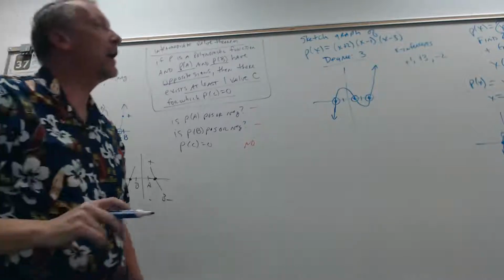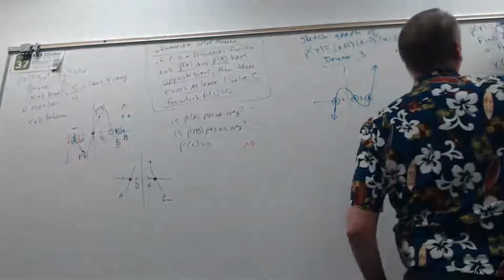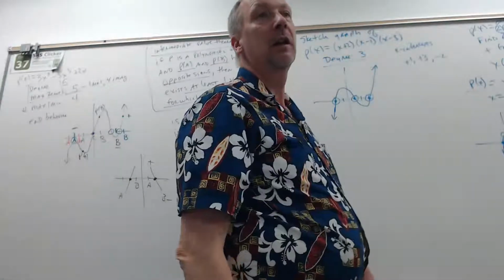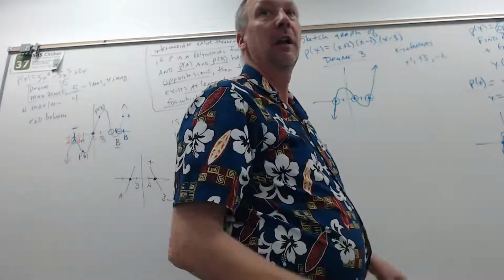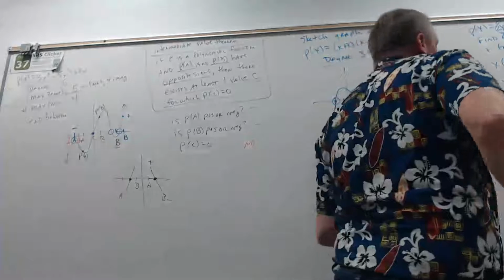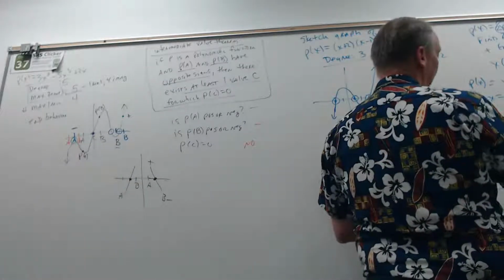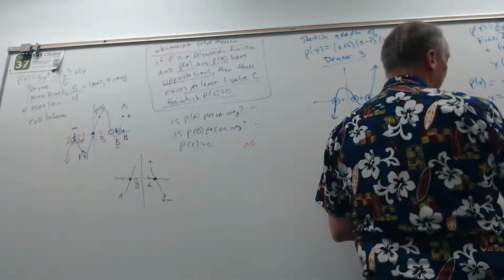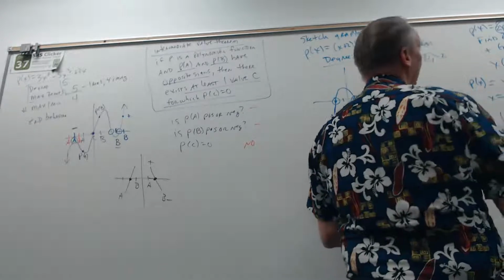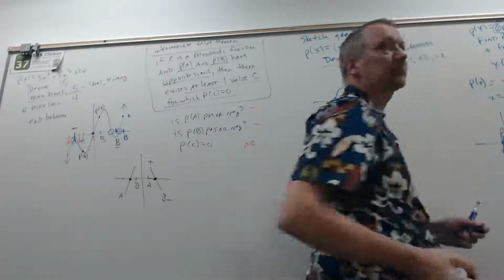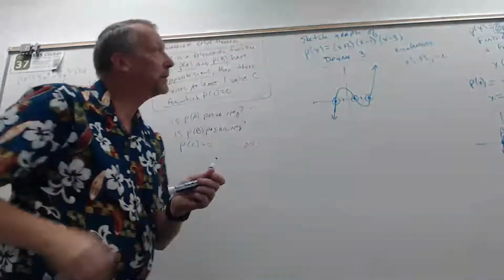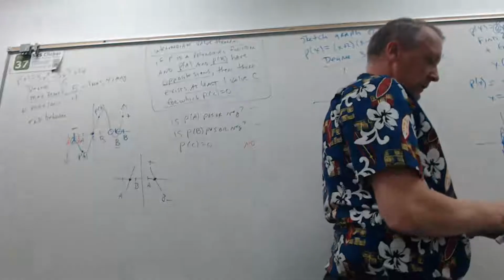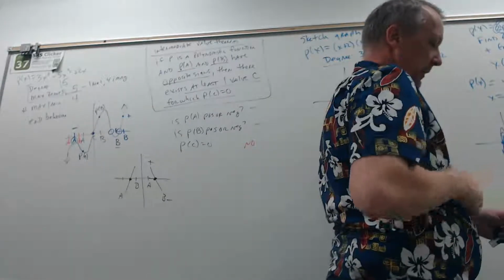Now, if that has a 2 in front of it, what would the 2 do to it? It would make it steeper. If this is what it looked like, it would probably be something like that with a 2 here. If it was a 1/2 rather than a 2, I'm going to get my red out here.